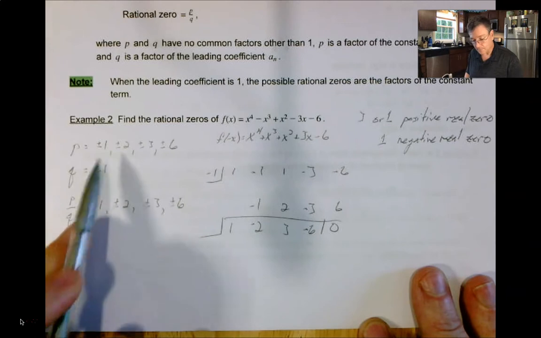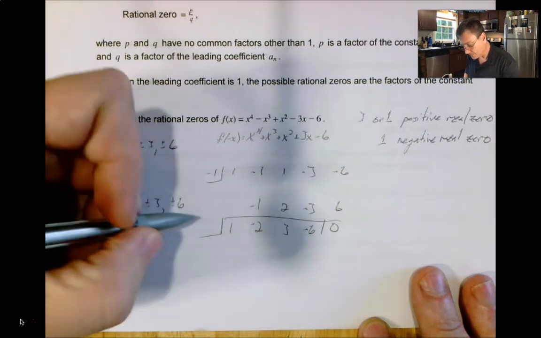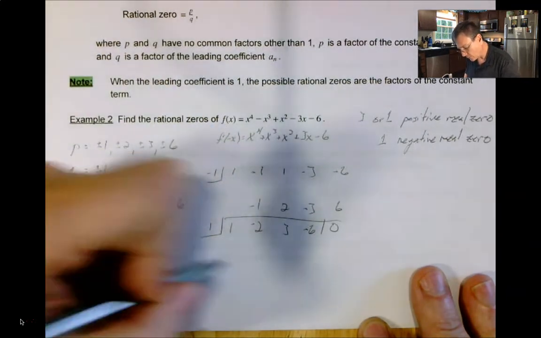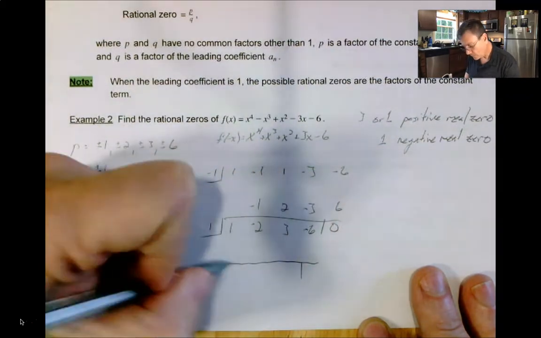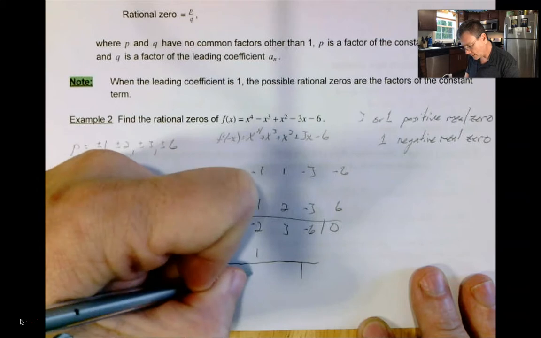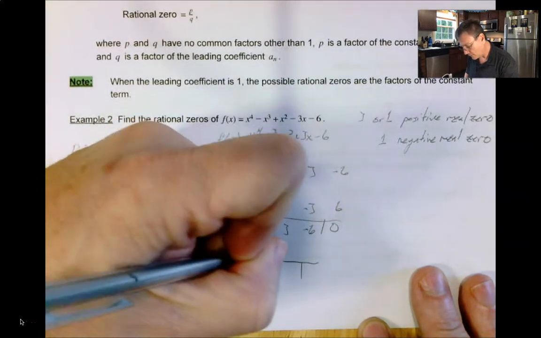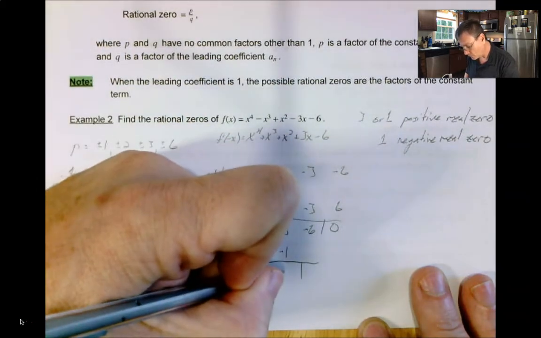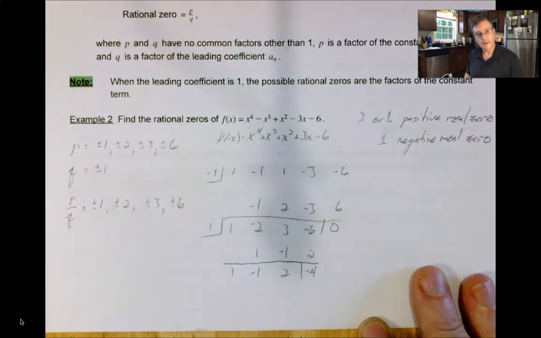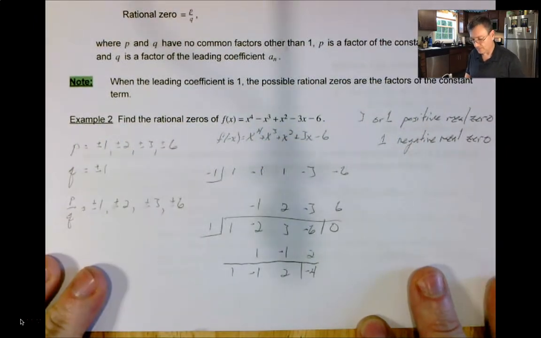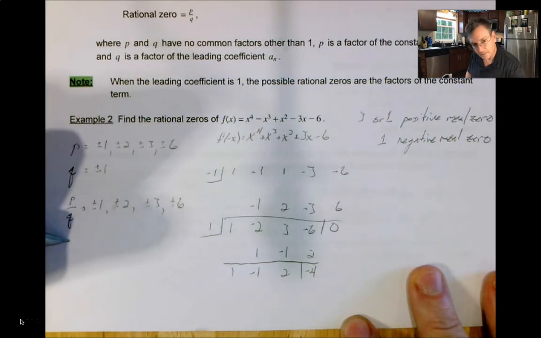Let's check positive 1. I don't think positive 1 works, but let's check it. Bring down the 1. 1, negative 1, negative 1, 2, 2, negative 4. Didn't work. That's okay. I'm going to go off to the side over here.